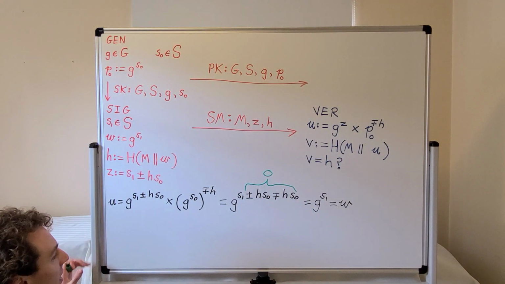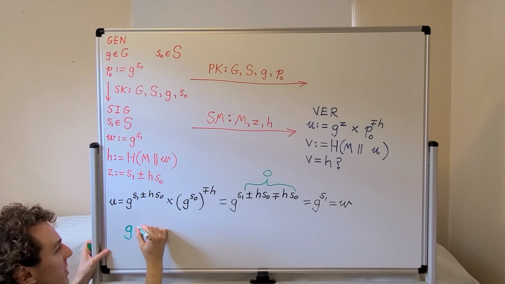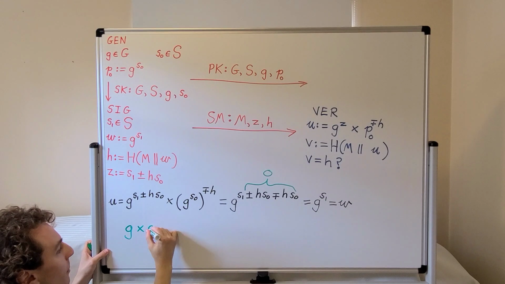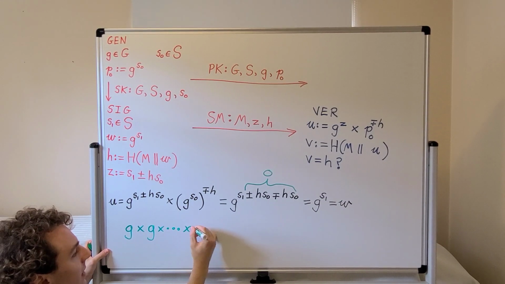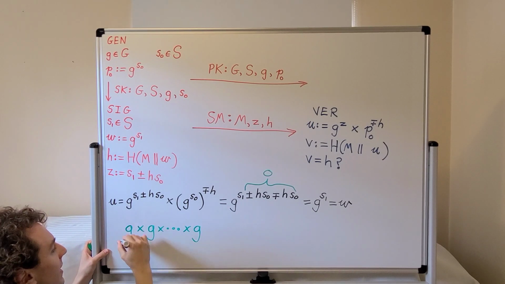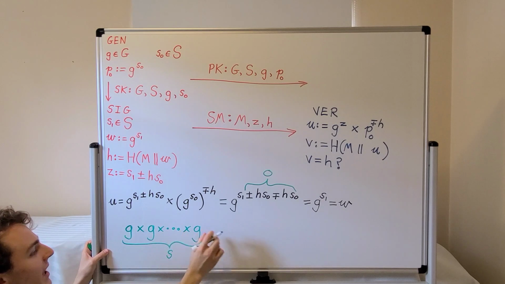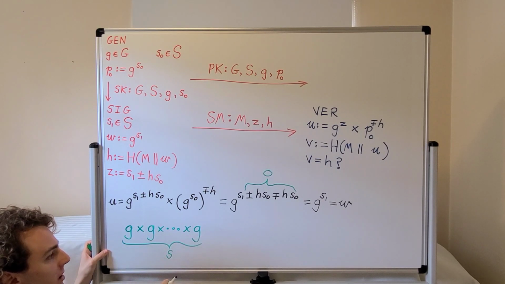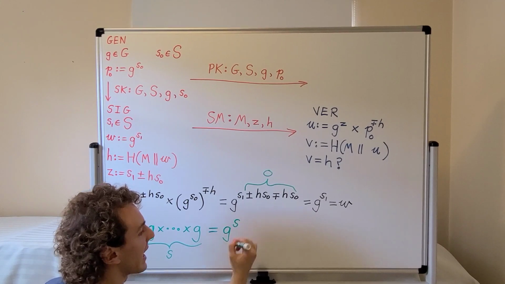So if we have the generator g, and we use the group operation denoted by this times symbol to combine it with g repeatedly, and we do this s times, we have s copies that are being combined using the group operation, we can denote that as g to the power of s.